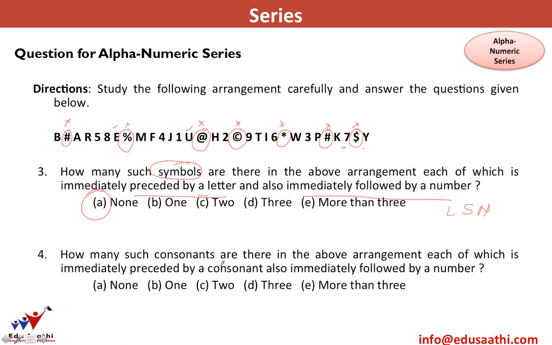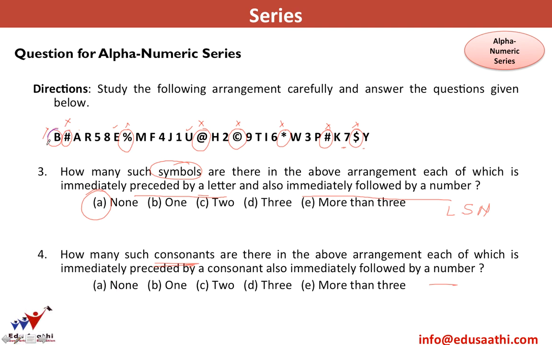How many consonants are there in the above arrangement, each of which is immediately preceded by a consonant and also immediately followed by a number? So I have the first consonant here, it is not preceded by anything, so this is not in my set. I'll just change the ink color for this question.